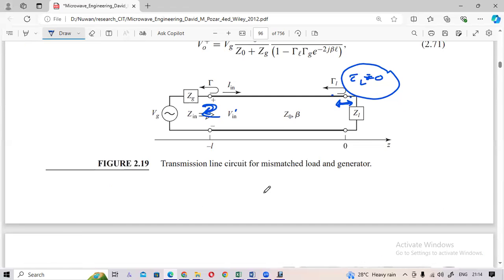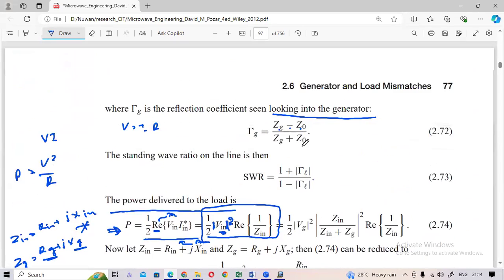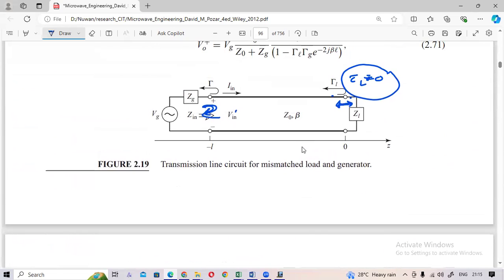Now what are they going to do? They are going to match the generator to the line.